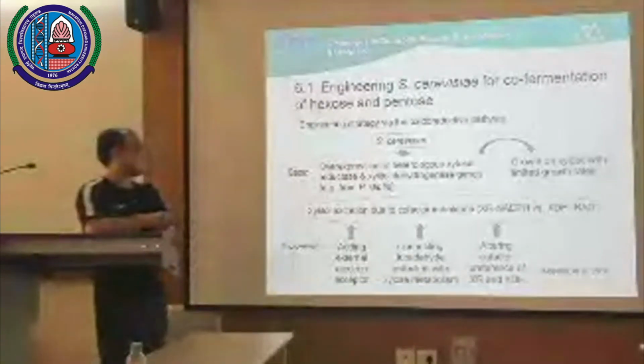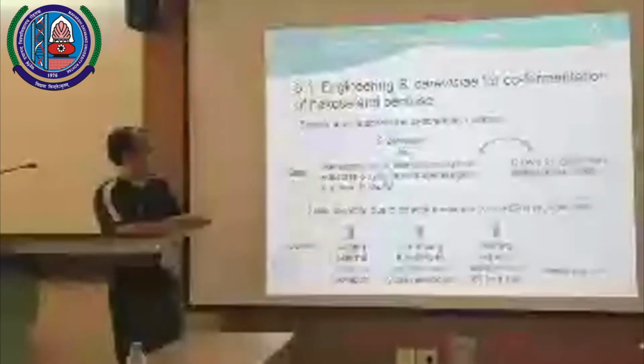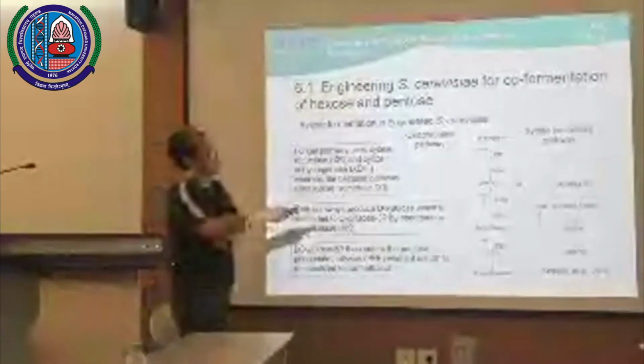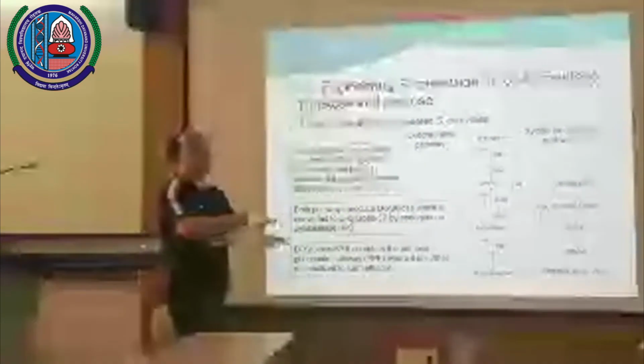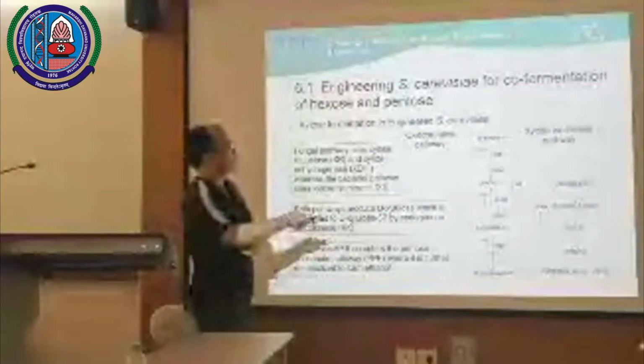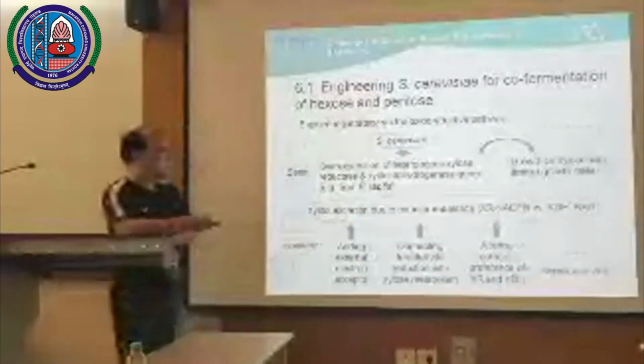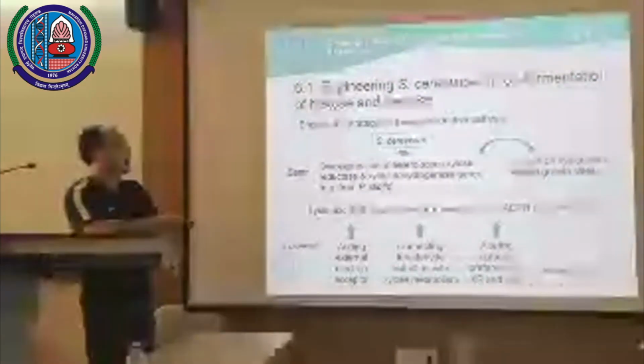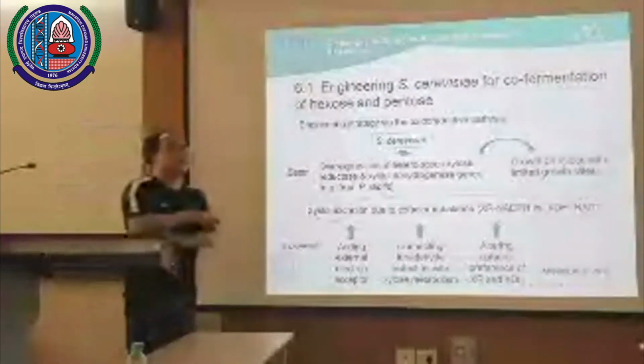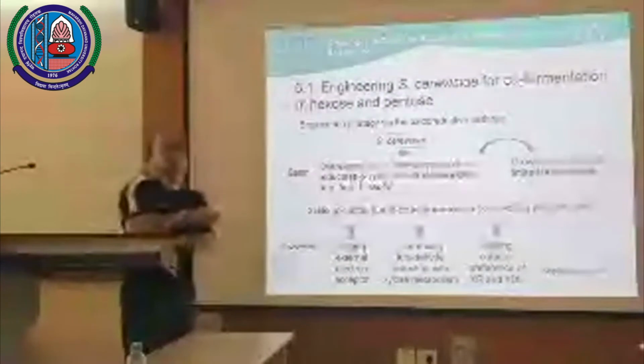The big problem is that in this pathway, the two major enzymes have different cofactor requirements. XR requires NADPH, and the other requires NAD+.